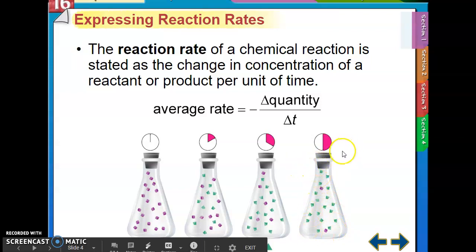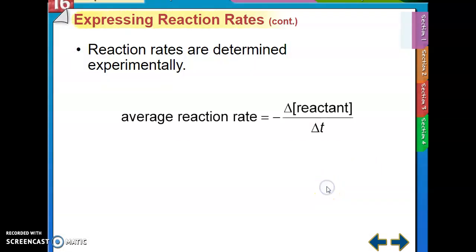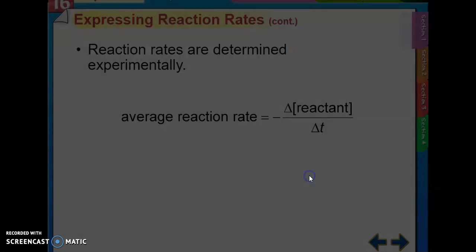And that's going to be our reaction rate. So again, this is our general reaction rate equation, but it's the same as the one on the other page.